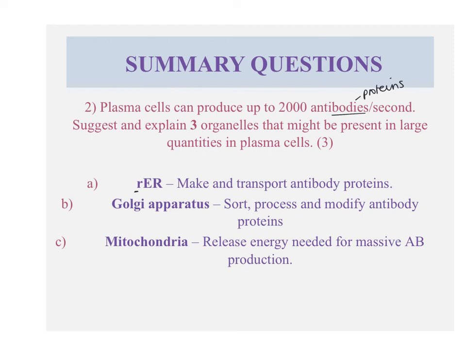The Golgi apparatus is there to modify the antibody proteins, maybe attaching that carbohydrate subunit to it. And then finally, we've got mitochondria that is there to release the energy for massive antibody production. It says suggest and explain. It's only 3 marks, so if you haven't told me why for each of those, you don't get any marks. Read the question properly.